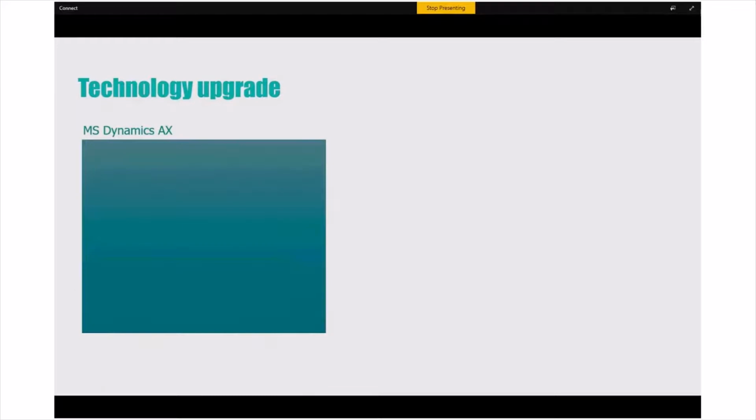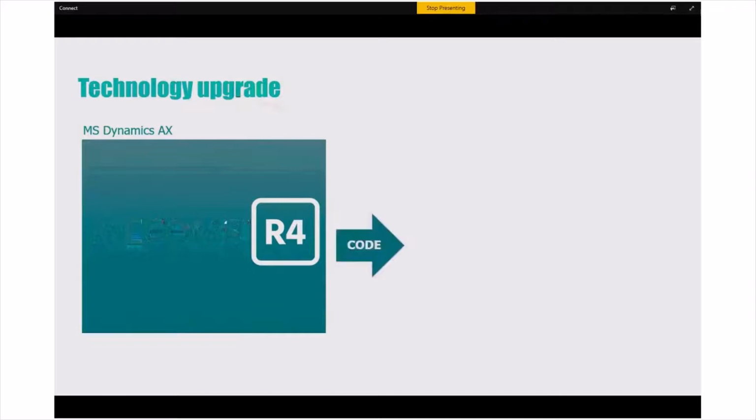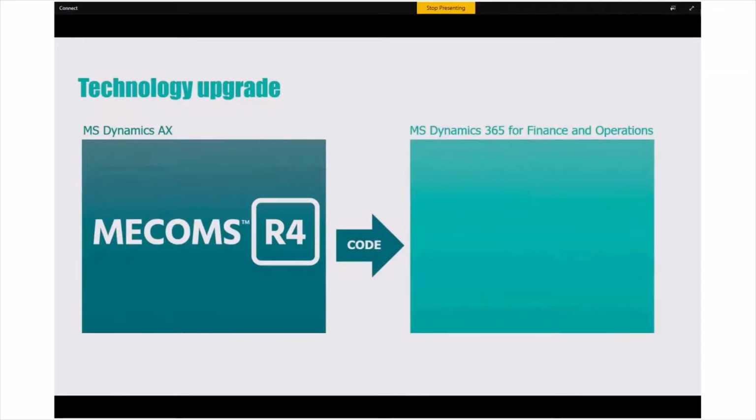An important thing I want to mention, we're doing a technology upgrade in this release. What does this mean? Well, we started from Microsoft Dynamics AX, also known as AX 2012, and we started from our latest released software, MECOMS R4. We used a Microsoft tool to migrate all this code to the new platform, the Microsoft Dynamics 365 for finance and operations.